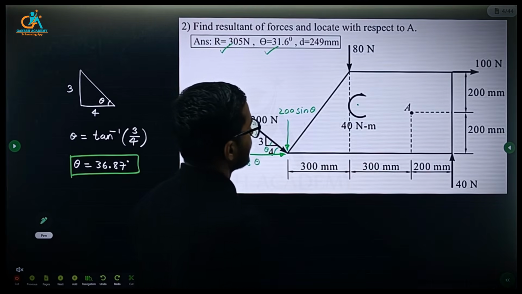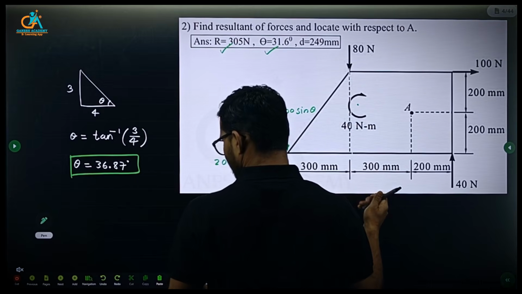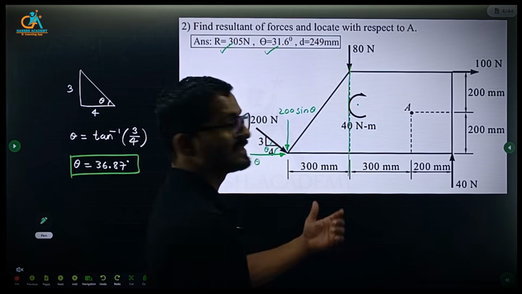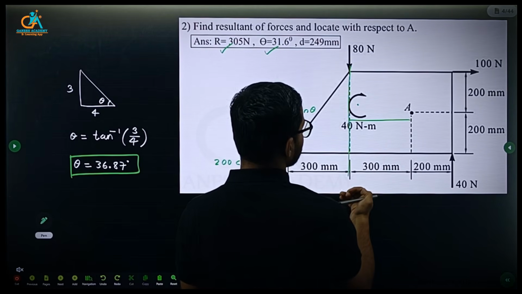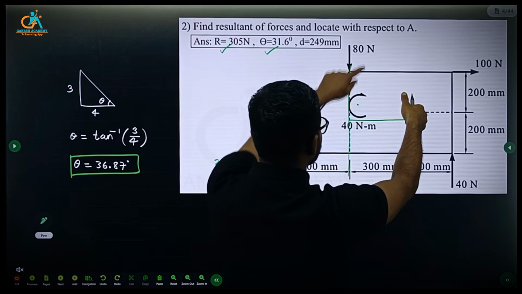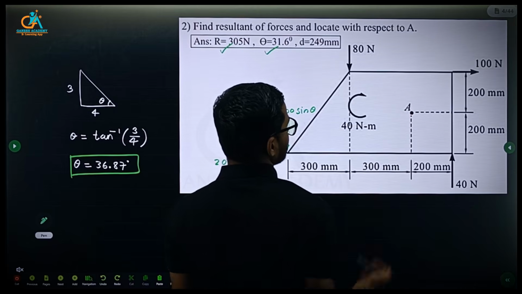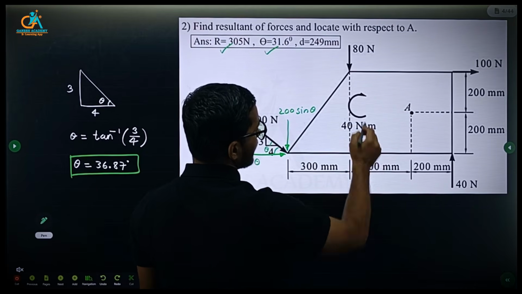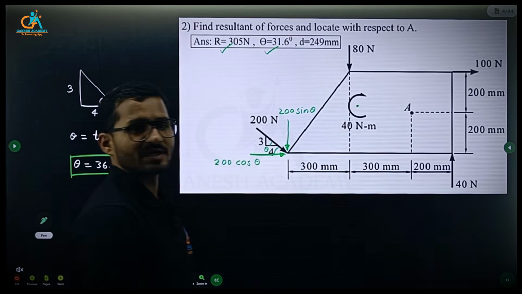Yes. Now this line of action of this 80 Newton force, the perpendicular distance is 300, right? And it is producing what effect? It is producing anti-clockwise rotation. So 80 into 300 anti-clockwise, and this couple is 40 Newton meter clockwise.